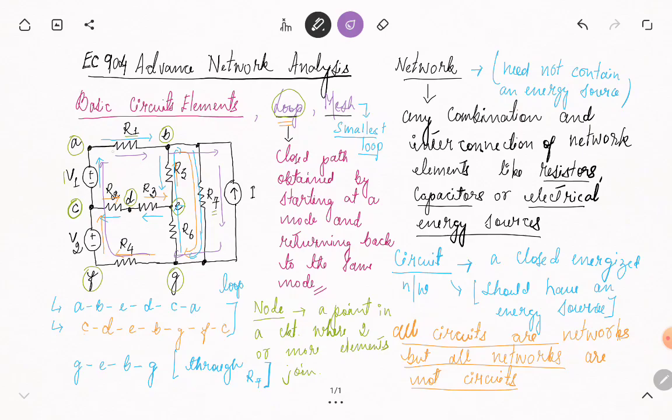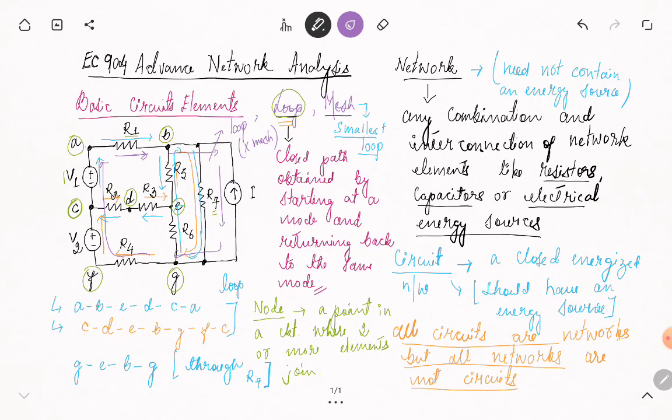This part A, B, drawn by this purple line, containing this current source I, then G, then F, then C, and back to A, is a loop, but it is not a mesh, because it consists of some other loops inside this loop.